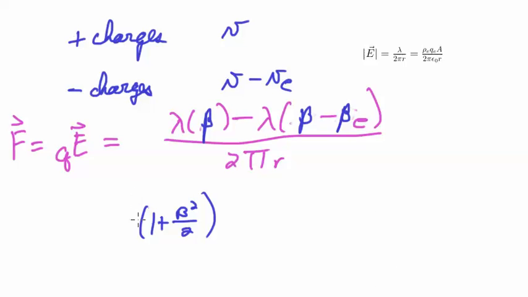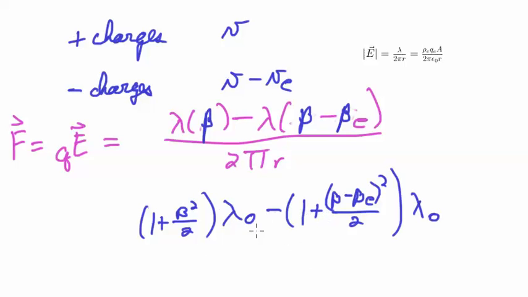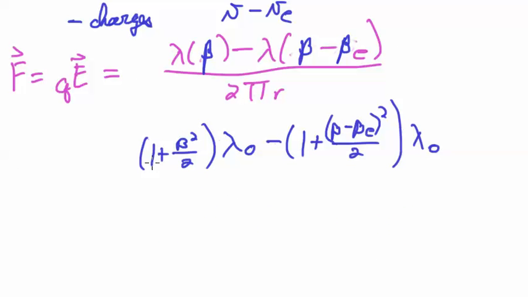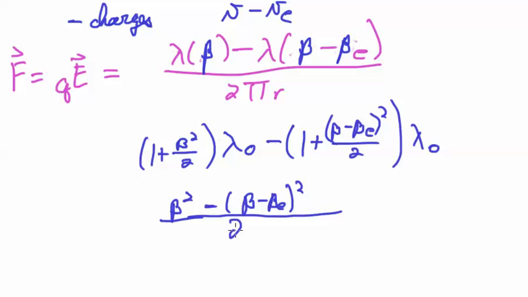Lambda of beta was 1 plus beta squared over 2 lambda, and lambda of beta minus beta sub e is just going to have that beta minus beta sub e squared. We can cancel out 1 and 1 and just be left with beta squared minus beta minus beta sub e squared over 2 times lambda sub naught.